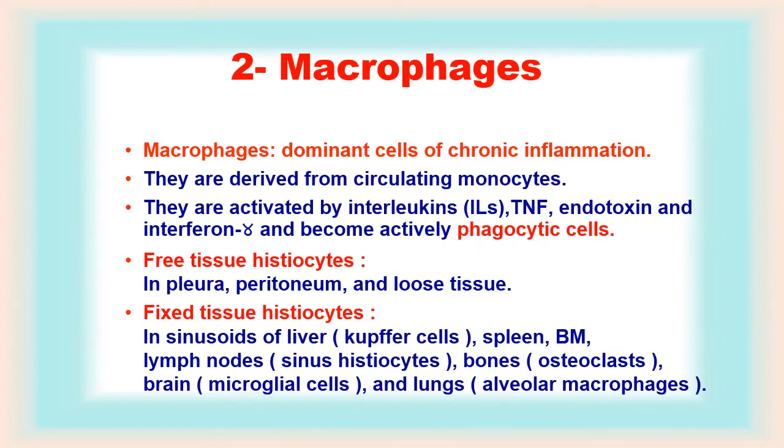In the bones, they are called osteoclasts. In the brain, they are called microglial cells. And in the lungs, they are called alveolar macrophages.